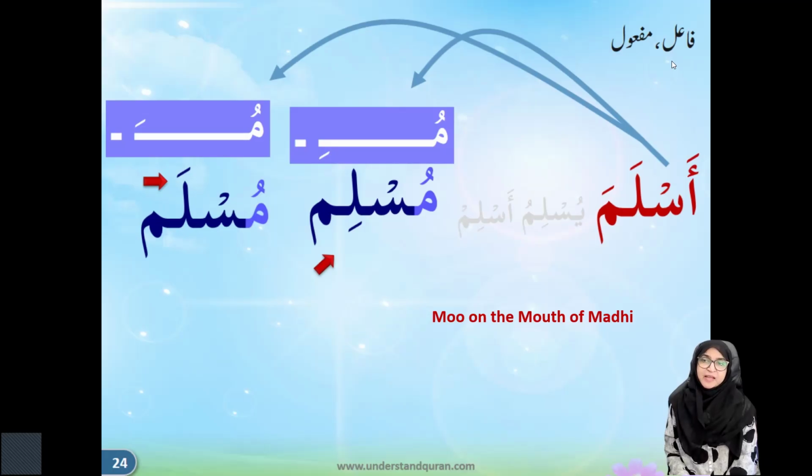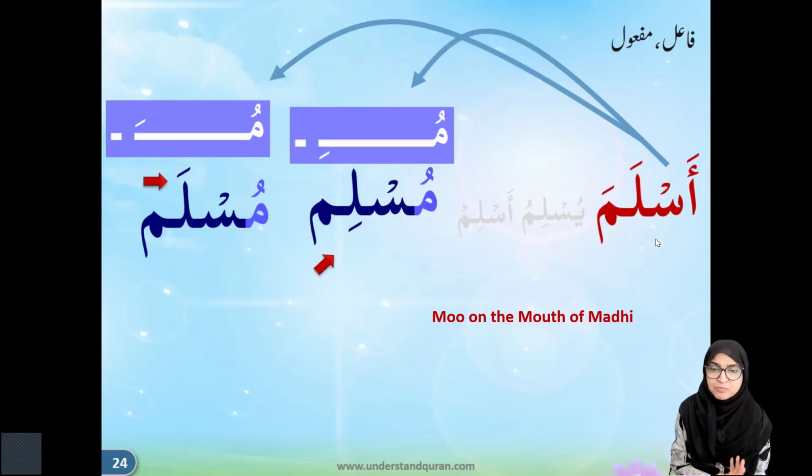Okay, now fa'il and maf'ul, for example, aslam. We have done this, you remember. Aslama becomes Muslim and Muslim. So aslama, yuslimu, aslim. Then Muslim, Muslim.